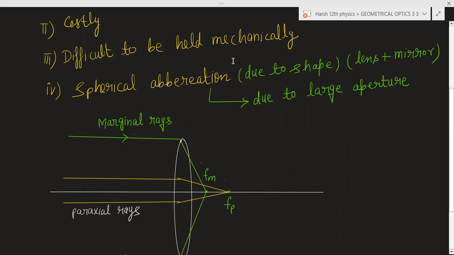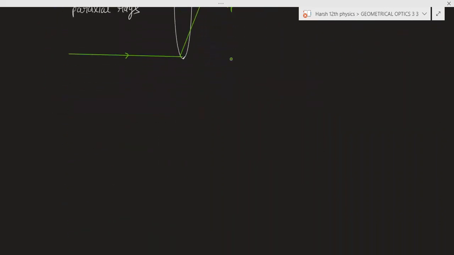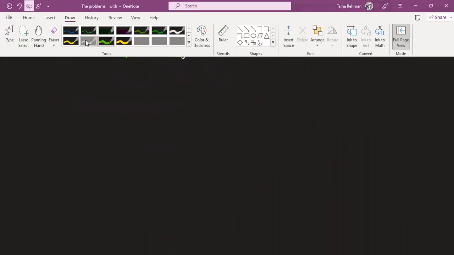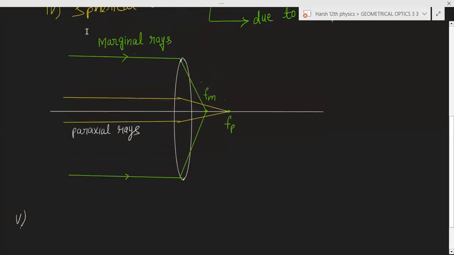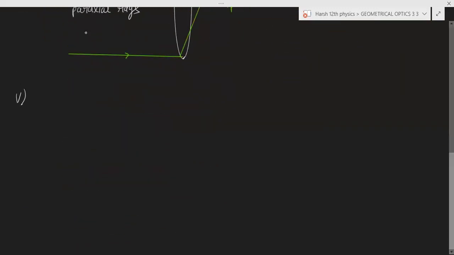Now there is one more problem, that is known as chromatic aberration. In the case of a large aperture lens, there is one more problem, that is chromatic aberration.